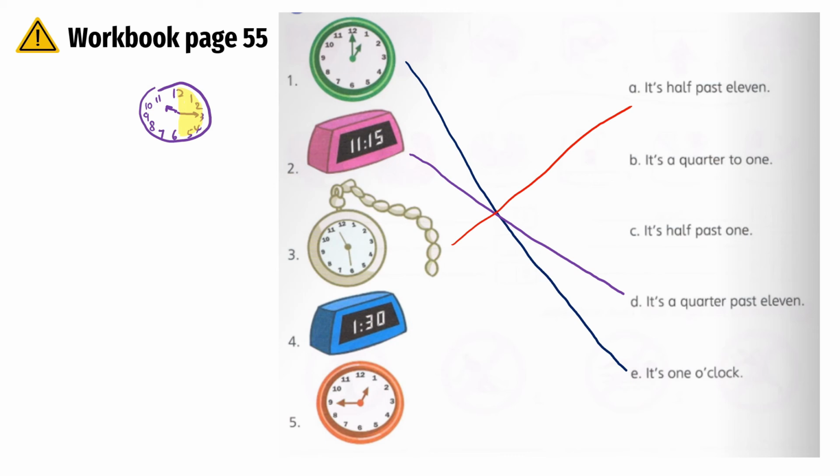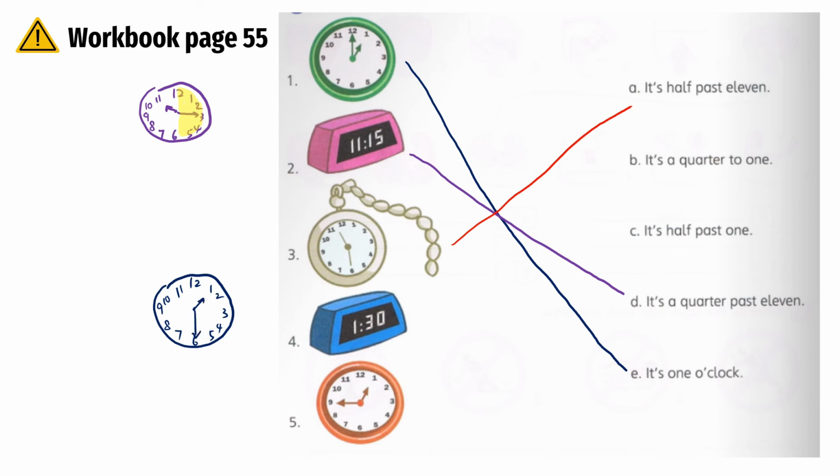Good job. And for number 4, the clock states that it is 1:30. So if it is in the form of a clock, it will look something like this. The 1 is the short hand and the 30 will be the long hand.